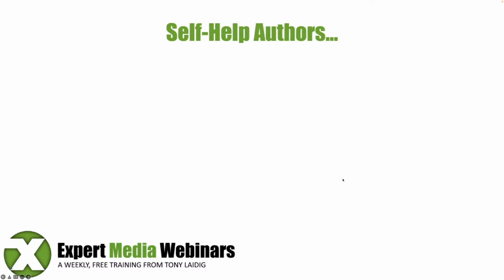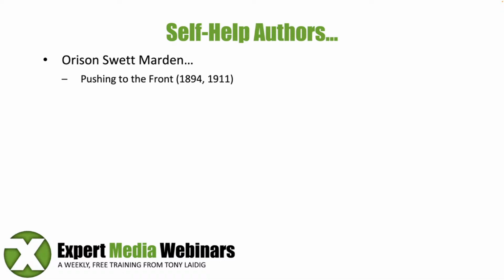So in my searching, of course, I also turned up a number of self-help authors like Orison Swett Marden, who he's one that I really like a lot. As a matter of fact, I have a published version of one or two of his books on Amazon. Pushing to the Front was his first book, I believe, in 1894.